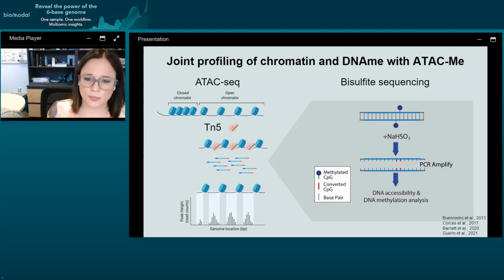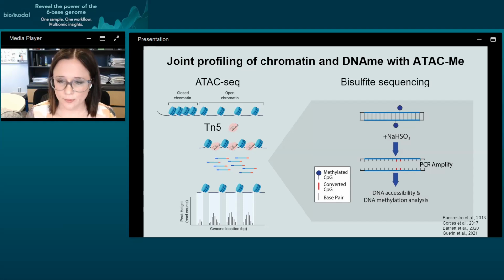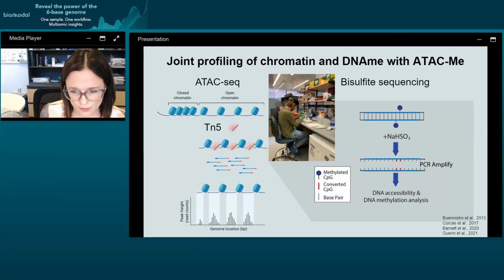And so for this purpose, we developed a method that we call ATAC-Me, which is, as it sounds, a method that combines ATAC-seq, which uses a transposase to enrich for open chromatin fragments in intact nuclei that then get subjected to sodium bisulfite conversion, which allows us to distinguish methylated and unmethylated cytosines from the same accessible DNA fragment population. And this is just a picture of Kelly Barnett, who was my first graduate student and the student who initially developed this technology.